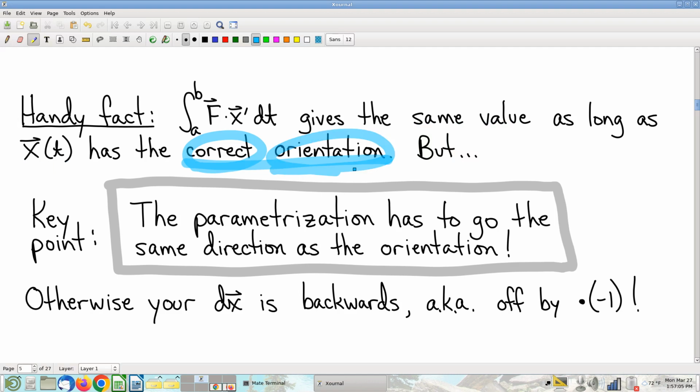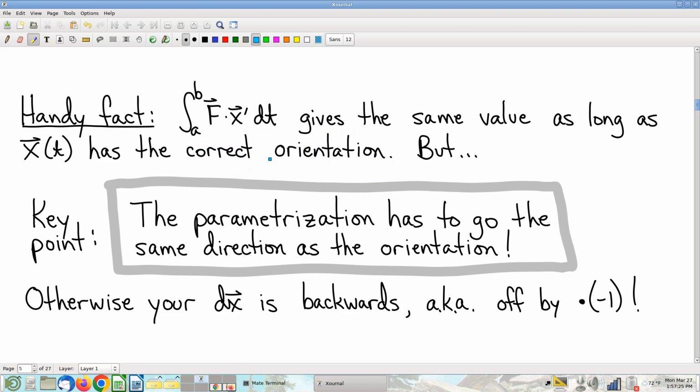If you parameterize backwards when you're doing a vector line integral, you will be wrong by a minus sign because every dx that should be going this way, yours will be going the opposite direction. So every term in the summation will be off by a minus sign, therefore your answer is off by a minus sign.